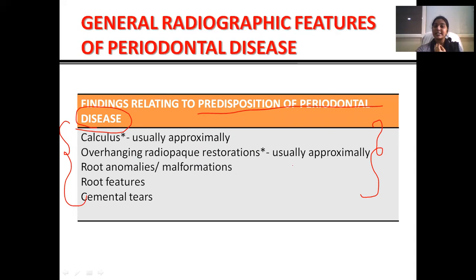These findings can be appreciated on radiographs, but remember that calculus and overhanging restoration margins can be appreciated clinically. So to prove that, again, you need not take radiographs. Radiographs should not be taken by policy. Radiographs should be taken only in cases where you need them.